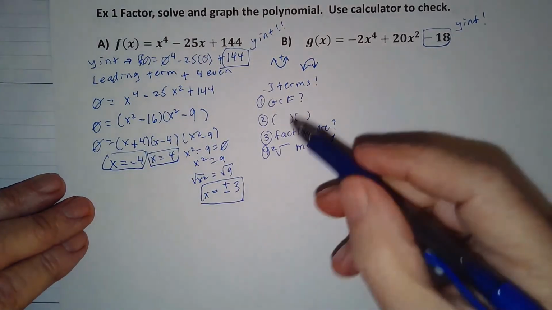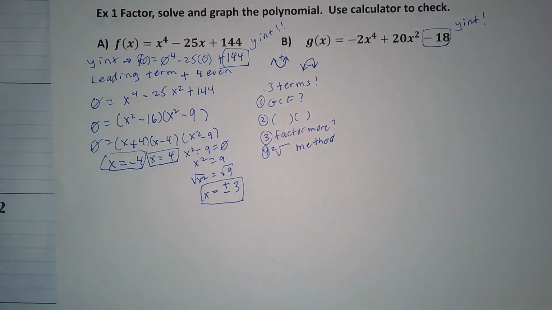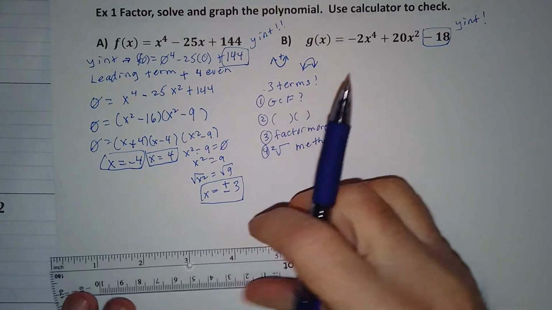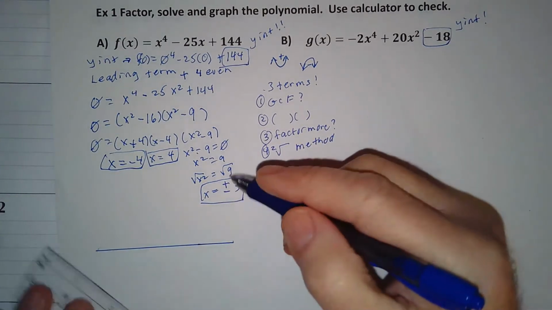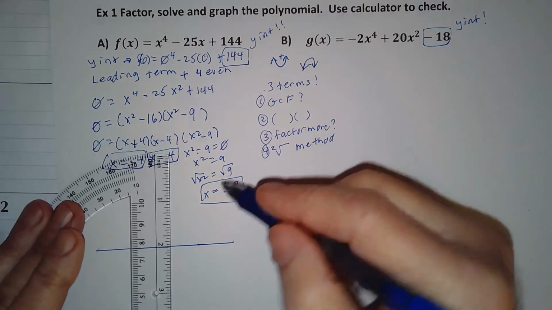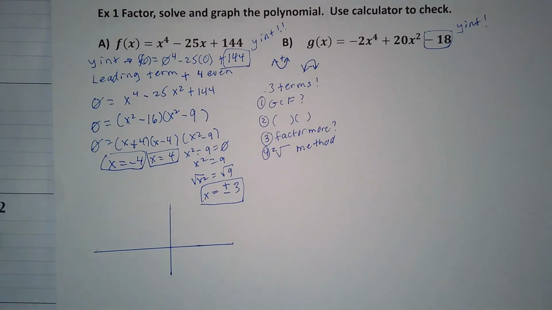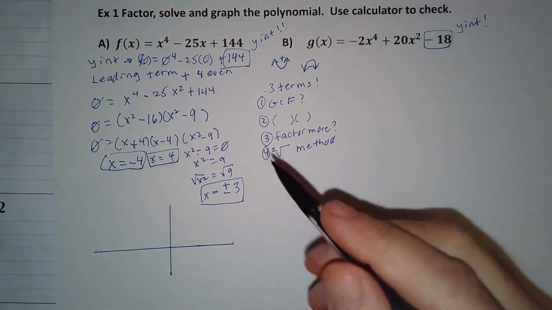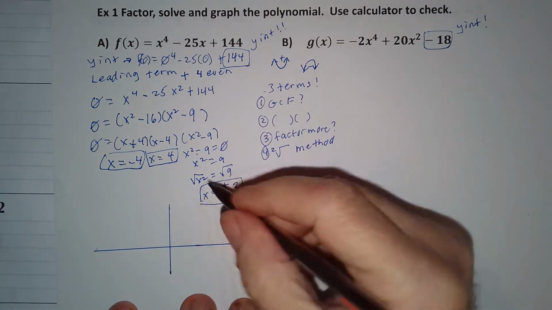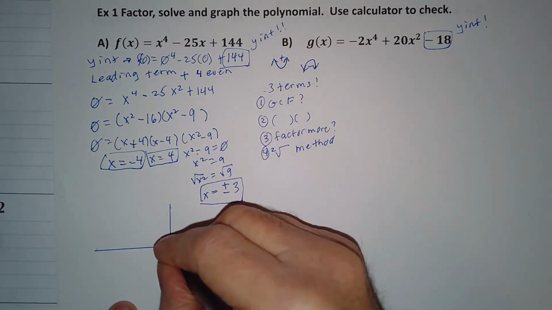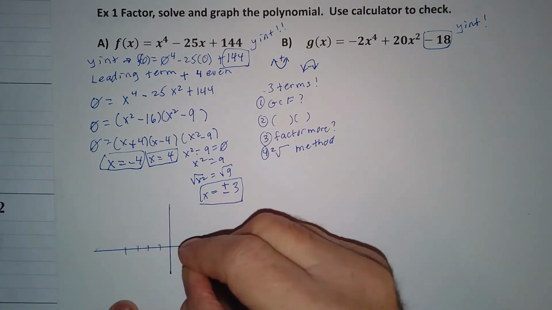Okay, so I now have my solutions for what x is when y equals 0. And I also, don't forget, I have the y-intercept up here. The y-intercept is 144. So I'm going to go ahead and graph this. I'm going to switch over to pencil as well. If I make a boo-boo, it's easier to correct it. Okay, so let's just go ahead and do tick marks here, which is what we normally do.